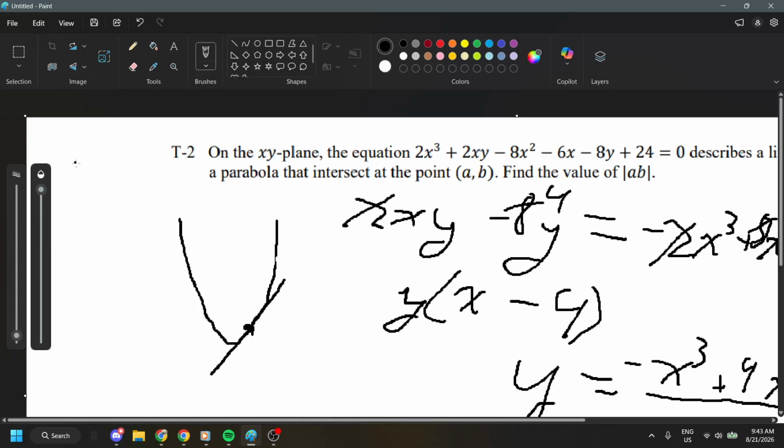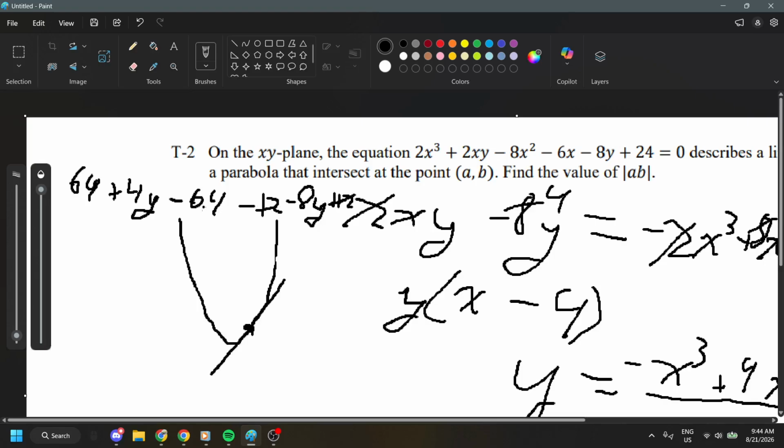Just gonna divide everything by 2. We get, sorry, I blanked for a second. We get 64 plus 4y minus, it's going to be 4 times minus 64 minus 12, minus 8y plus 12.